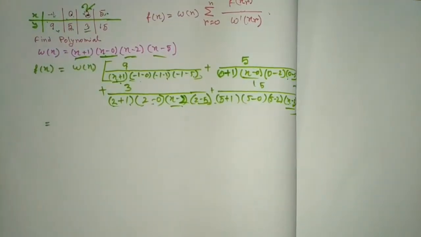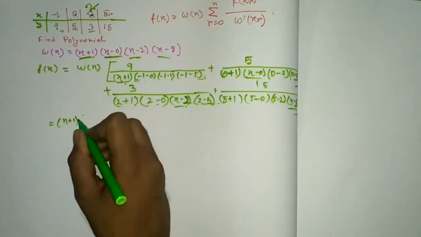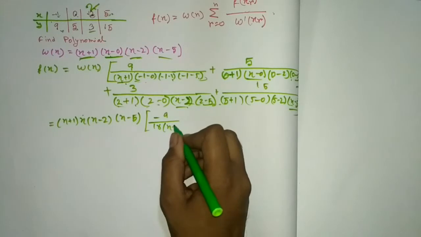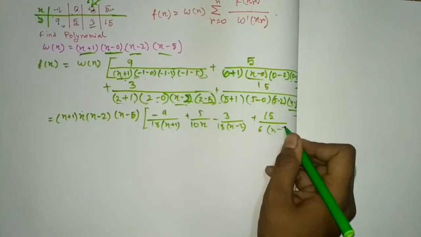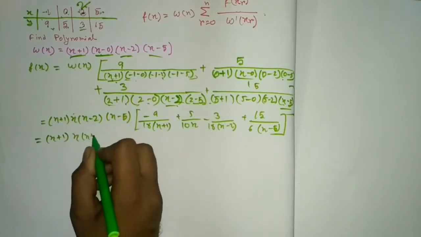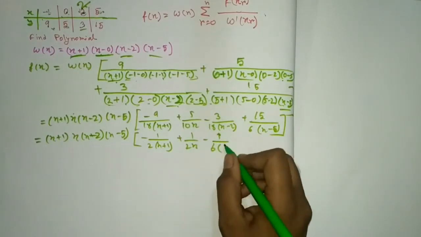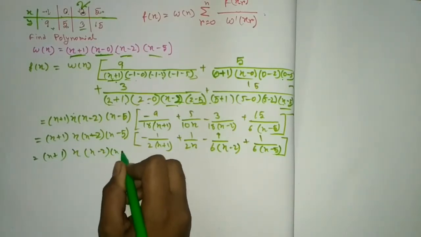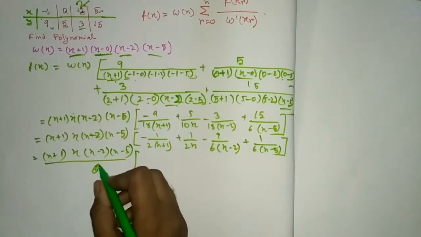Now do the sum. Write down the value of w(x) and compute it. I think it's quite easy, so I fast forward my video, and I hope you can do it by yourself. This is a simple calculation of 10th or 9th standard.